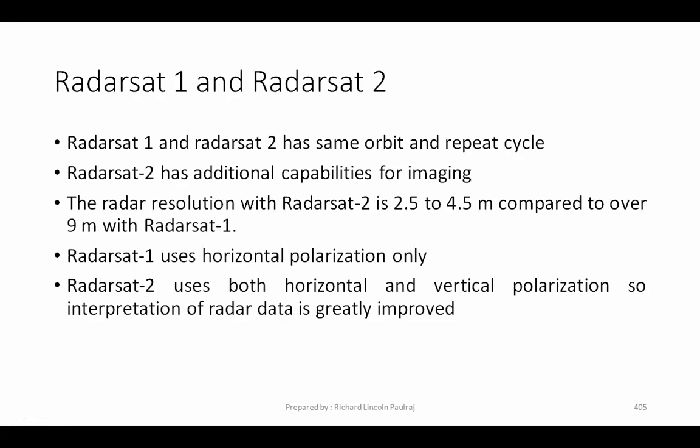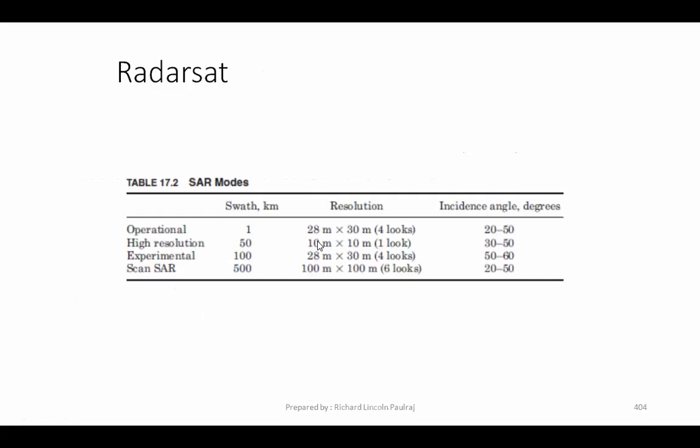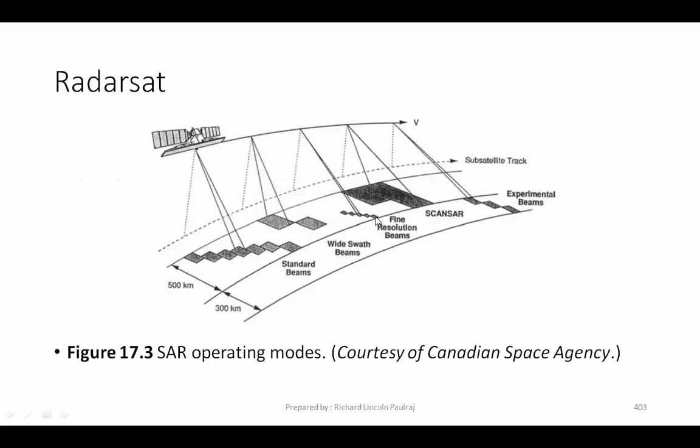So resolution-wise, which means you can have pinpointed spot beams with respect to Radarsat 2. You can just imagine it's about 2.5 meters compared with 9 meters, right? So the spot beam that I'm talking to you about is very much less. Fine beams are possible.